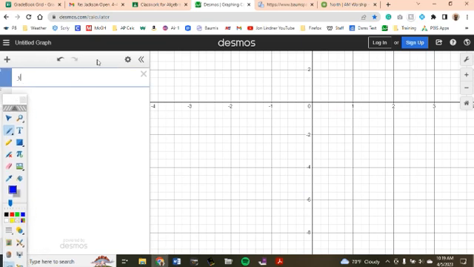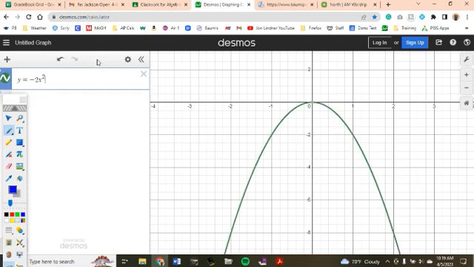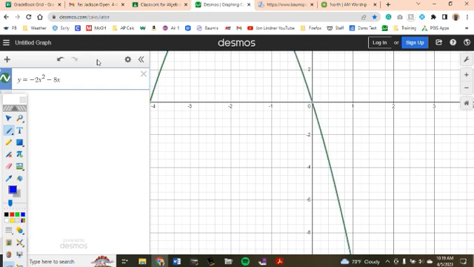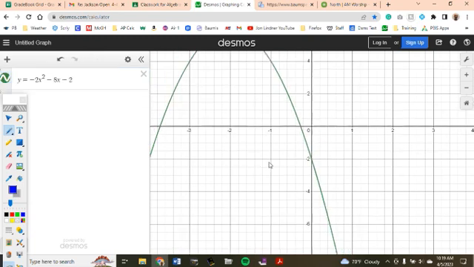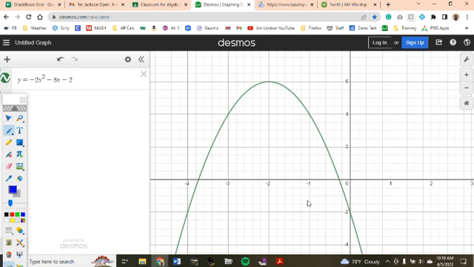Y equals negative 2x squared minus 8x minus 2. And we notice that this one is upside down. The only thing that changes is instead of having a minimum, we're going to have a maximum at the vertex. Everything else we do the same.